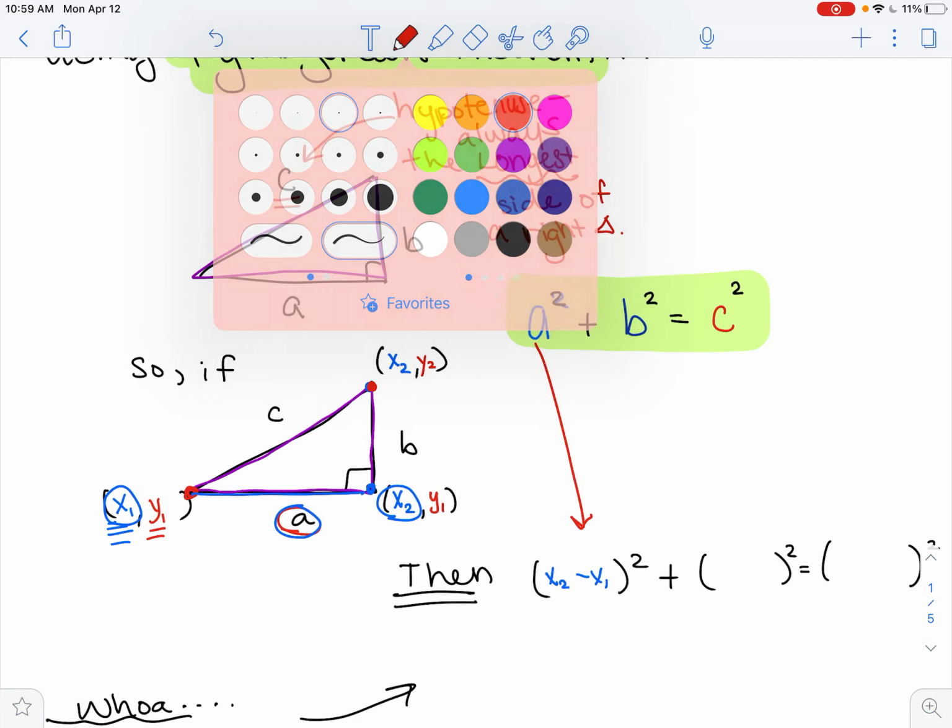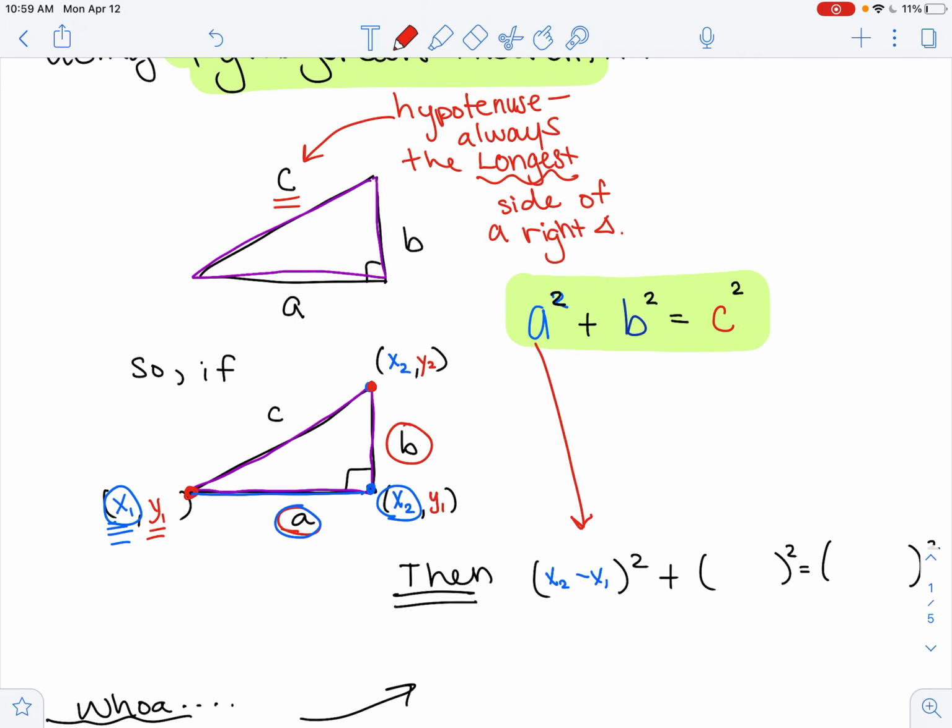Same thing here for our B. So instead of this distance of B being given to us, I know B is going to be the difference between this y value and this y value. So I know B is going to be y2 minus y1.